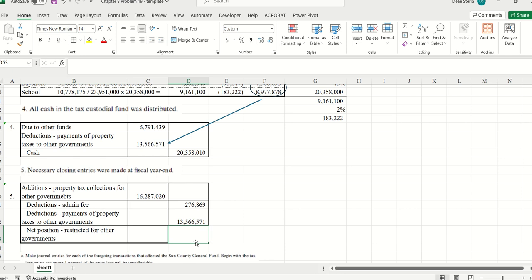And that would be the 244,580. Okay, and we would calculate that basically by taking that and subtracting these numbers here. It should equal that.